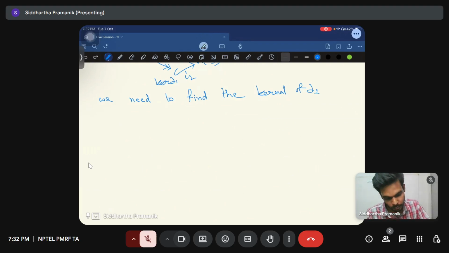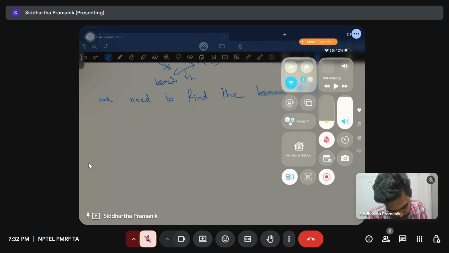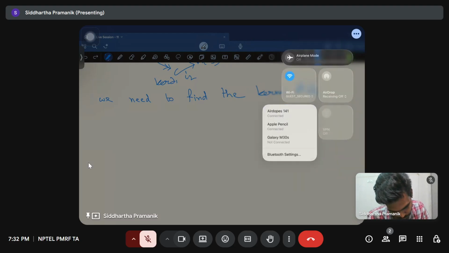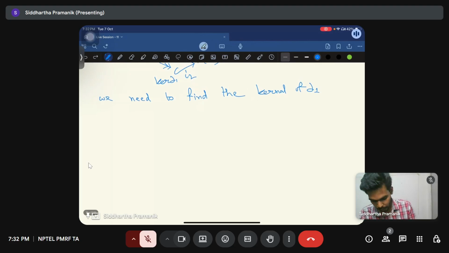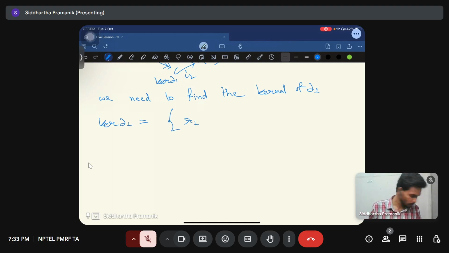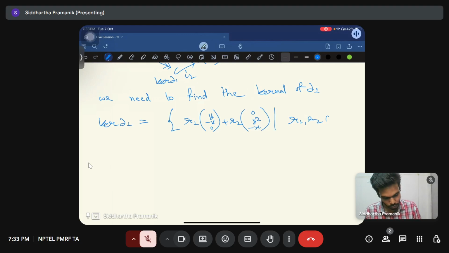So the kernel of delta 1 is basically the submodule generated by R1 times (y, minus x, 0), this vector, plus R2 times (0, y square, minus x), such that R1, R2 belong to R.